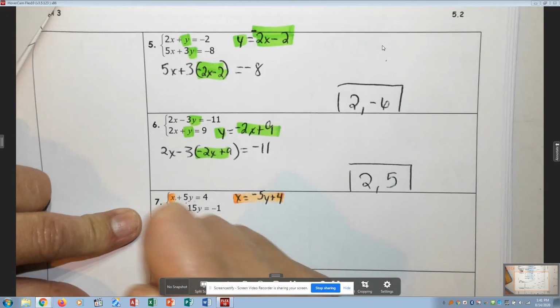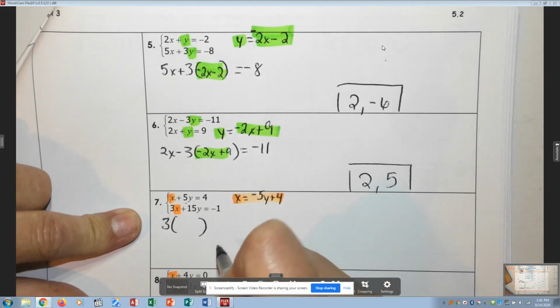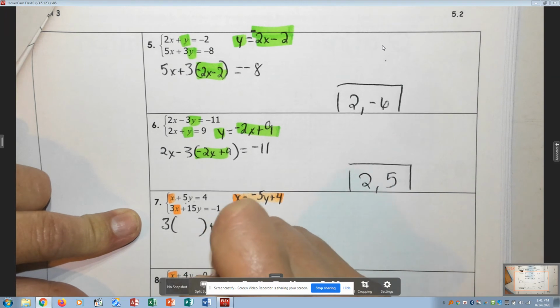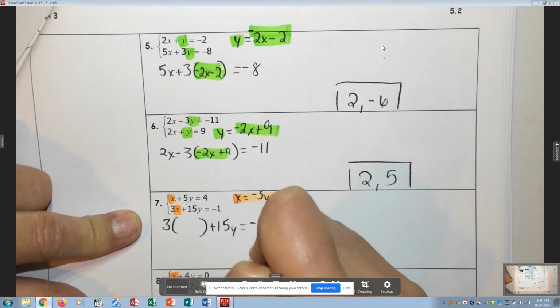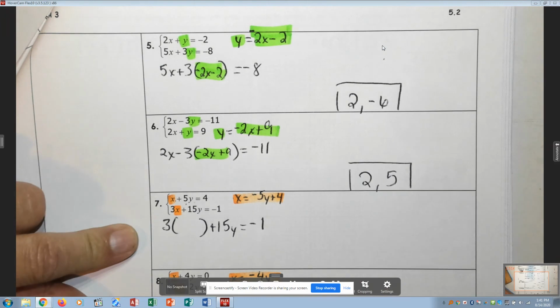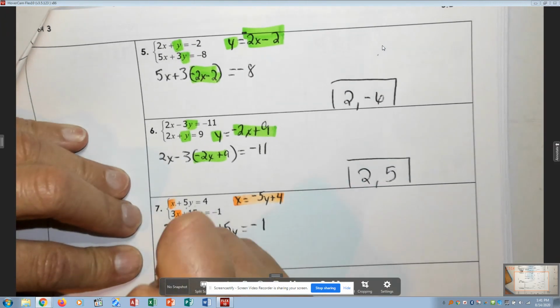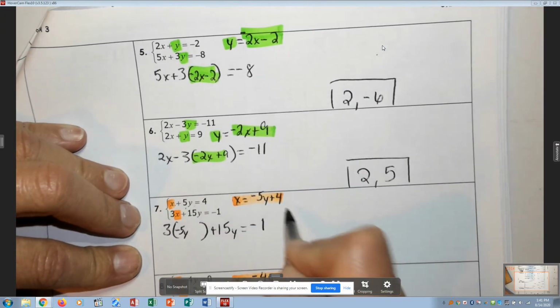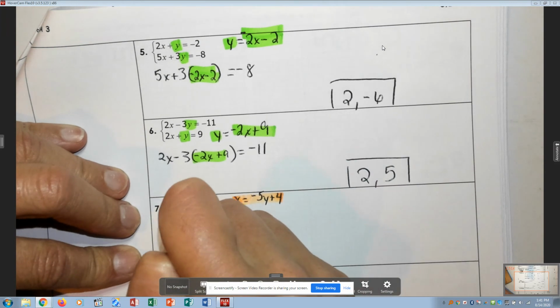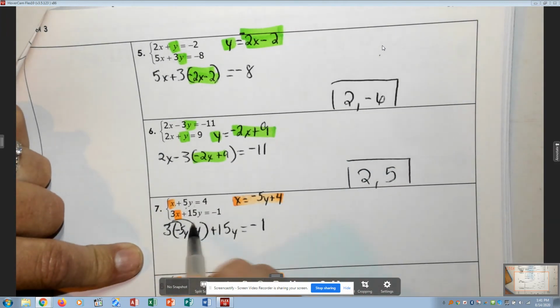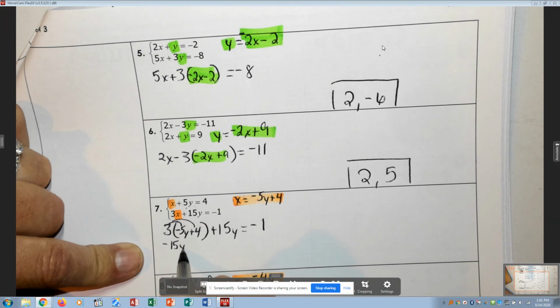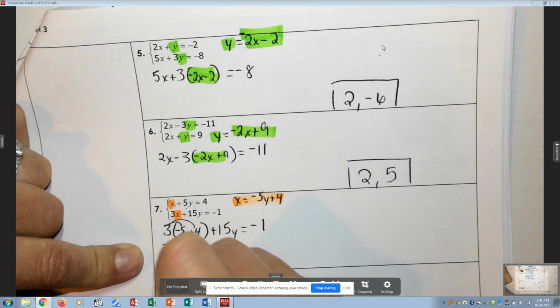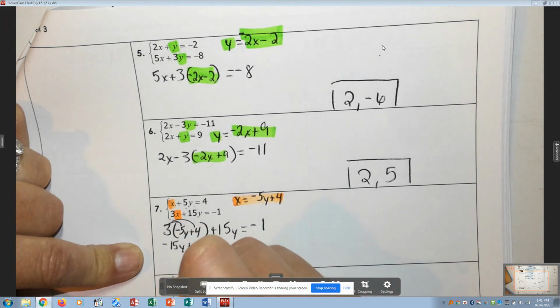So 3 times x plus 15y equals negative 1. I'm going to do 7 with you fully. So 3 times negative 5y plus 4. So distribute: negative 15y, distribute, that'd be 12, plus 15y equals negative 1.